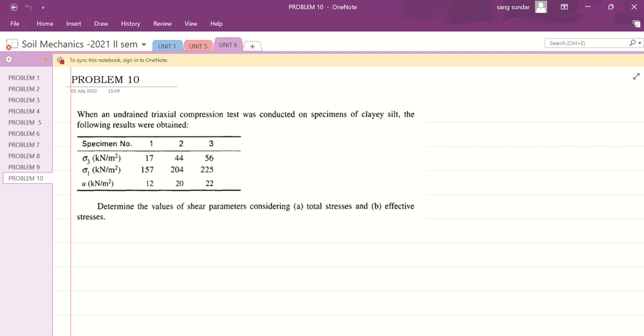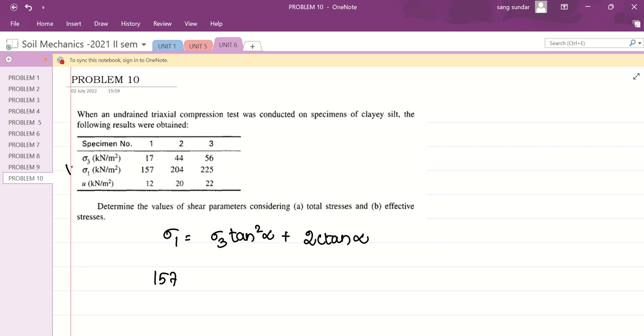Three sets of tests are being conducted and they are asking us to determine phi values at total stress and effective stress conditions. Our equation is sigma 1 equal to sigma 3 tan square alpha plus 2c tan alpha. So from the first test, 157. Sometimes in the question they give deviator stress, sometimes they directly give major principal stress.